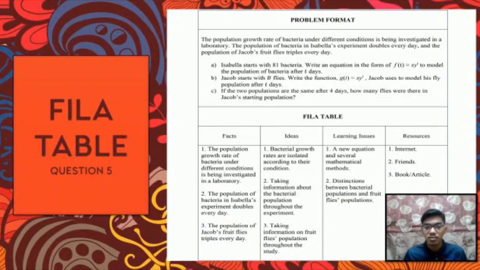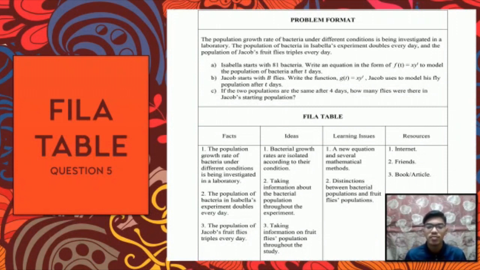My name is Muhammad Nazikwat bin Abdul Hamid, and today I want to explain to you about the PBL table for this question, for ideas and learning issues. For ideas, first, bacterial growth rates are isolated according to their condition.